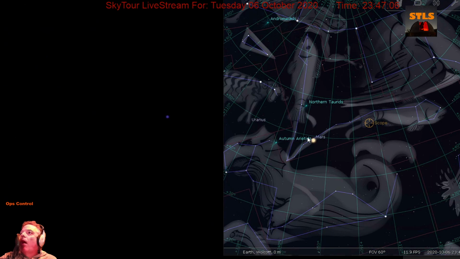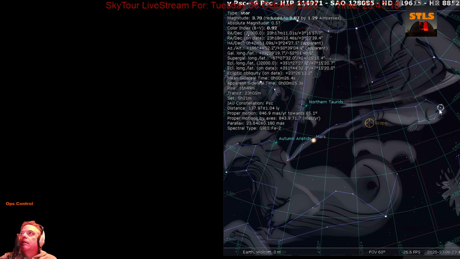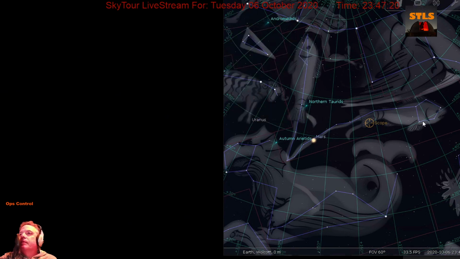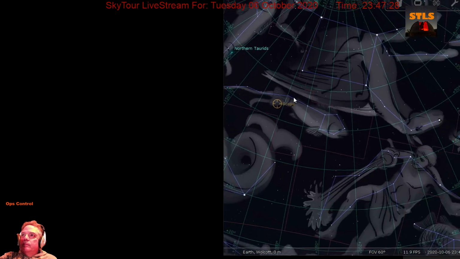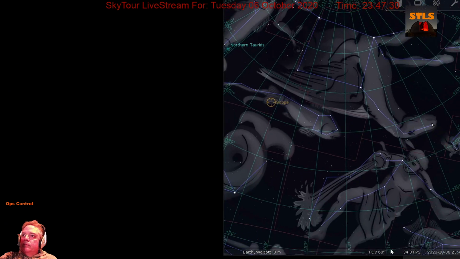What a lot of people look for in the western fish toward the right edge is the head of the fish. That's called the circlet of Pisces. That's probably about as prominent as anything is in the constellation. It's easier to tell if you know where Aquarius is, just farther to the west. Pisces sits between Aquarius and Aries.